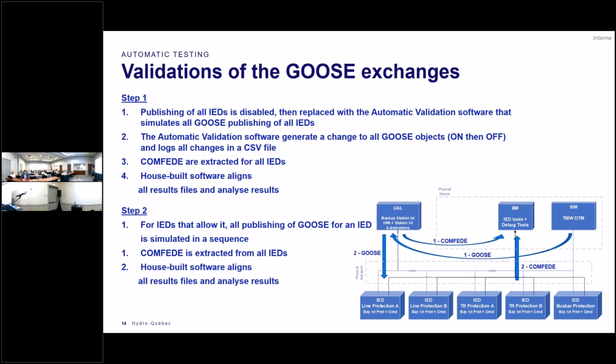The UAL was, and is still, a very flexible platform that allows us to have a detailed log of the different Goose it receives and of the different Goose it's sending, meaning that we were able to simulate all the Goose that was exchanged, that was published on the network, and based on different functions that were implemented, the Goose were disabled for one specific IED.